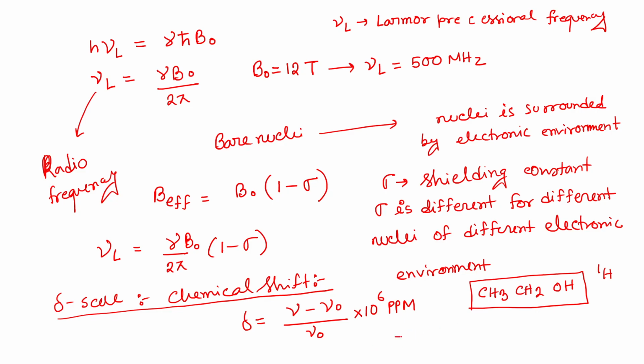Let me go to the next page maybe. Okay, so we already know that this nu is gamma B0 by 2 pi times 1 minus sigma.